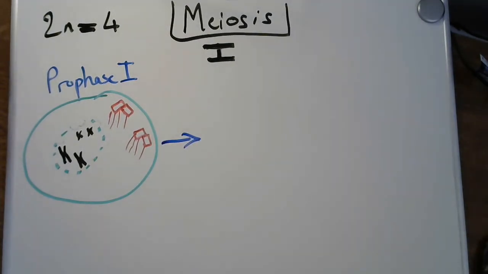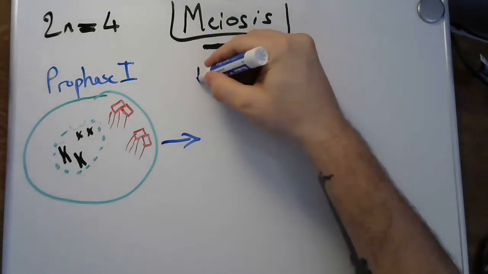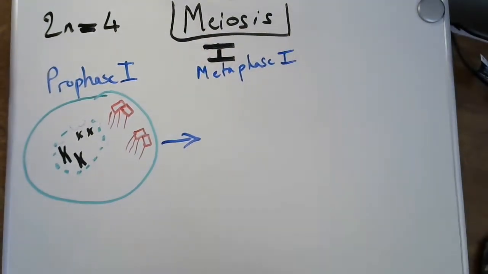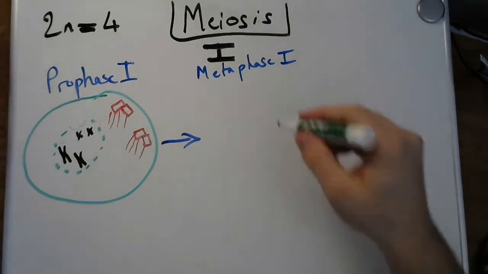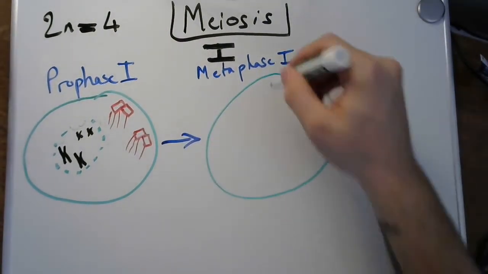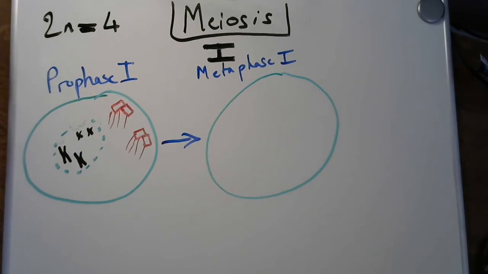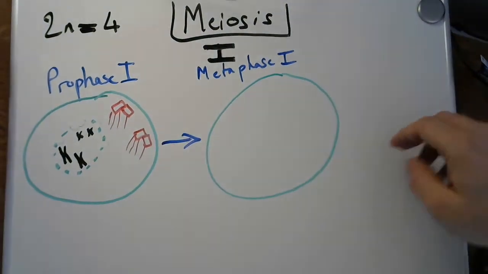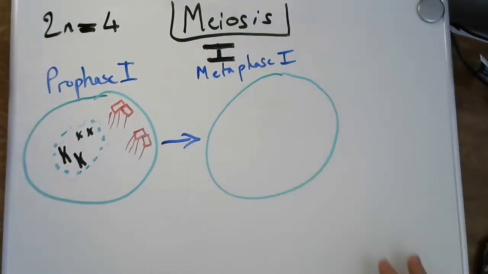The second phase of meiosis is metaphase. And once again, it's metaphase 1. In metaphase 1, what we see in our cell is all of the chromosomes aligning in the middle. So if you remember in mitosis, the alignment was all of the chromosomes in one plane, because the game at anaphase was to separate the sister chromatids, right?